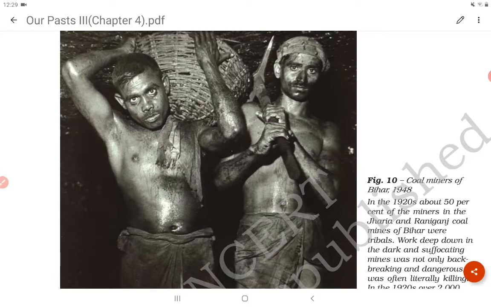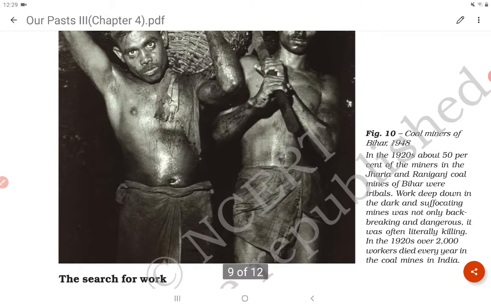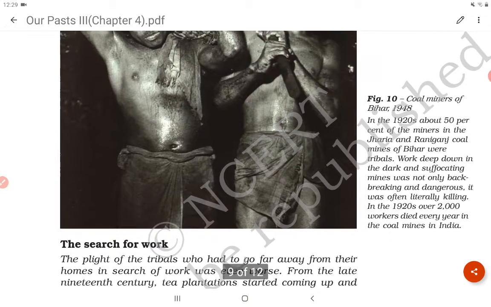In the 1920s, about 50% of the miners in the Jharia and Raniganj coal mines of Bihar were tribals. Work deep down in the dark and suffocating mines was not only backbreaking and dangerous, it was often literally killing. In the 1920s, over 2,000 workers died every year in the coal mines in India.